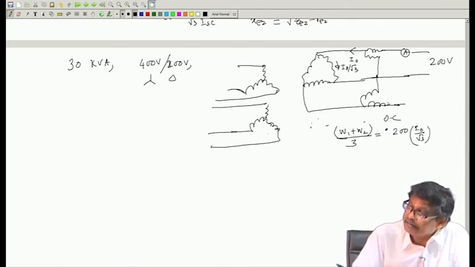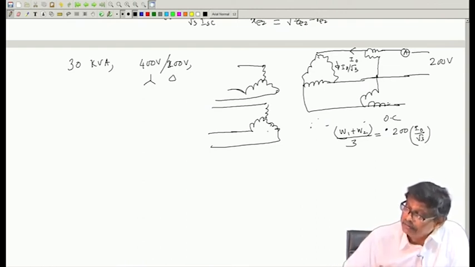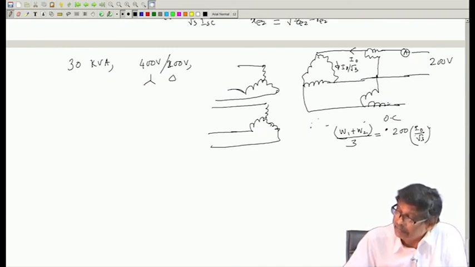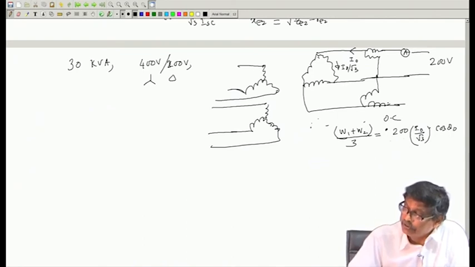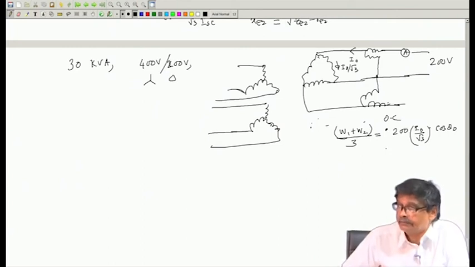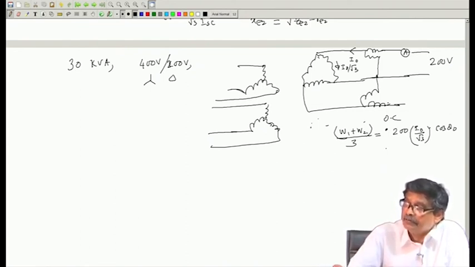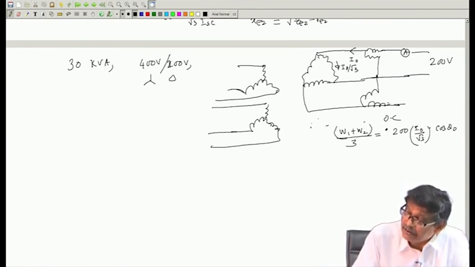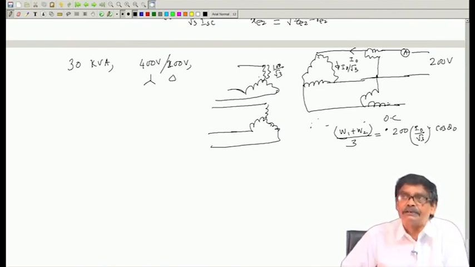This is this current, I naught by root 3 I will take, whatever that number is. I should not translate it to I naught, V I naught and cosine theta naught, and calculate cosine theta naught, and then calculate I naught by root 3 sin theta naught to get the magnetizing current and this one. While drawing the equivalent circuit, I will refer to this side, 200 volt. Only thing is, in that case the turns ratio will be 200 by 400 by root 3, that you must understand.